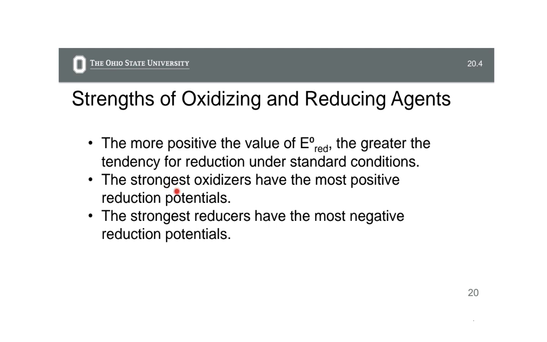The strongest oxidizers, remember that term, oxidizers is the same as oxidizing agent, and those are reduced. They have the most positive values for reduction potentials. And the strongest reducers, or reducing agents, they are oxidized. They have the most negative reduction potentials.